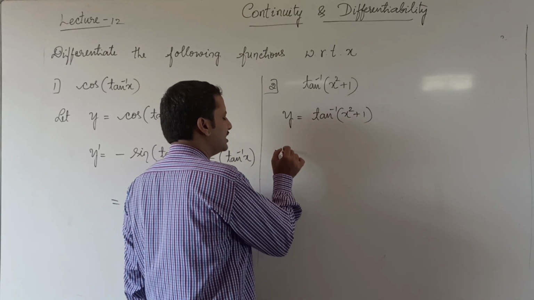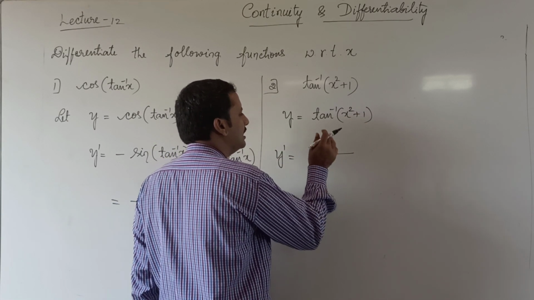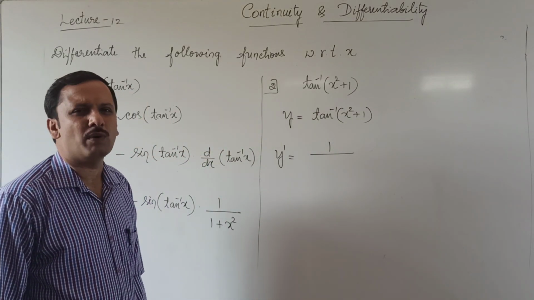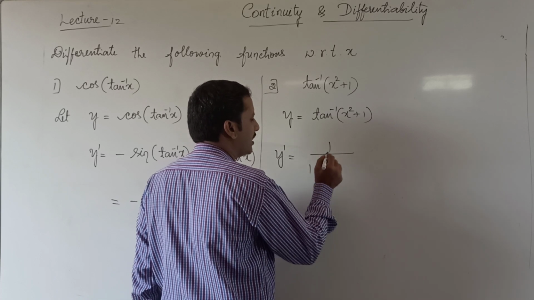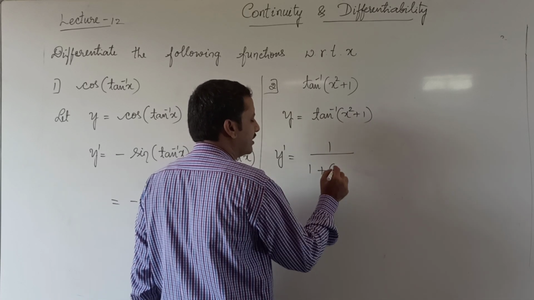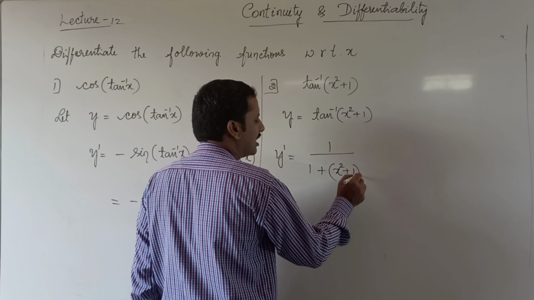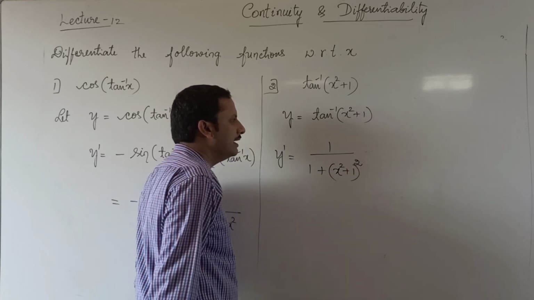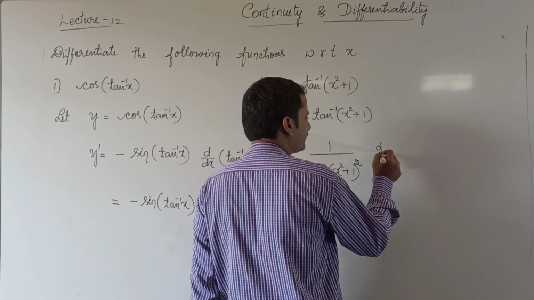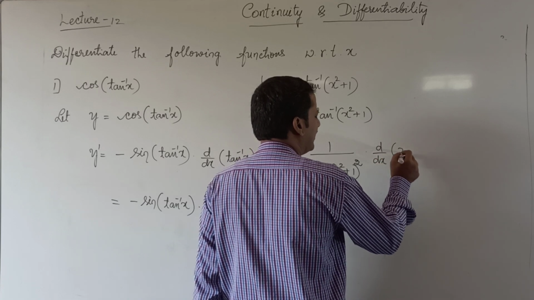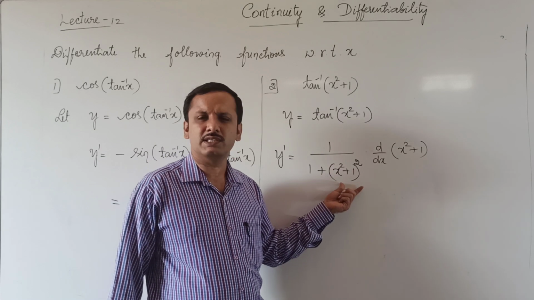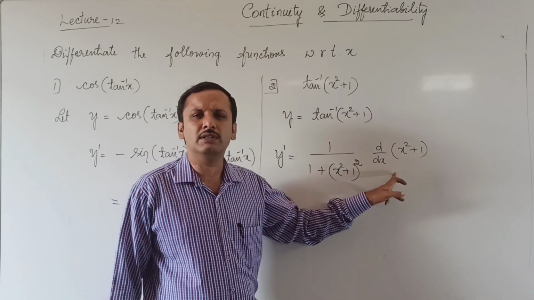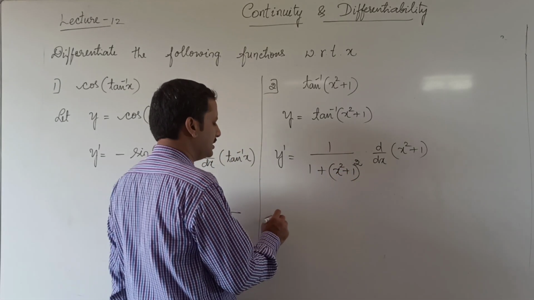So now y dash is equal to 1 by 1 plus x square plus 1 whole square into the derivative of x square plus 1.